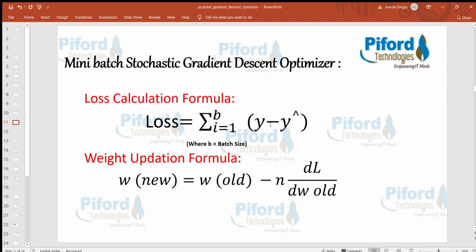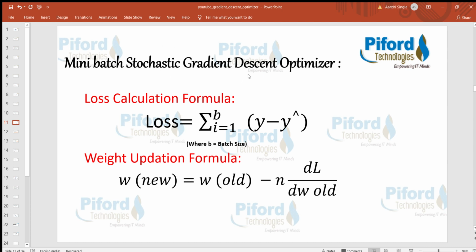Where we normally use the mini batch stochastic gradient descent optimizer: suppose you have a huge data set, a very big data set, millions of records, and you want to use a stochastic gradient descent optimizer. You don't want to use the gradient descent optimizer because then we need more computation and processing time will be more, since gradient descent updates the weight on the basis of the whole data set, and if your data set is large it will take so much time to compute.